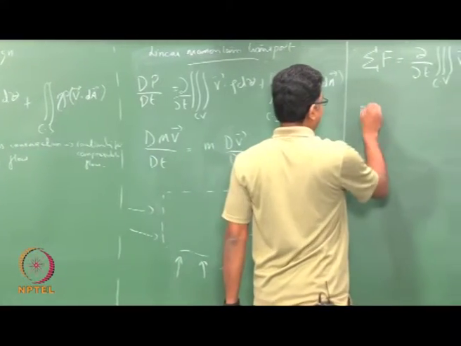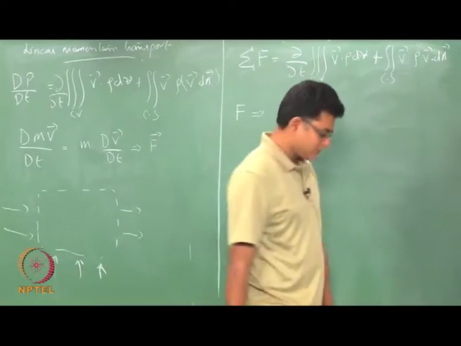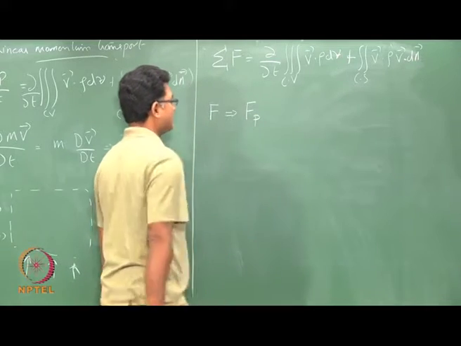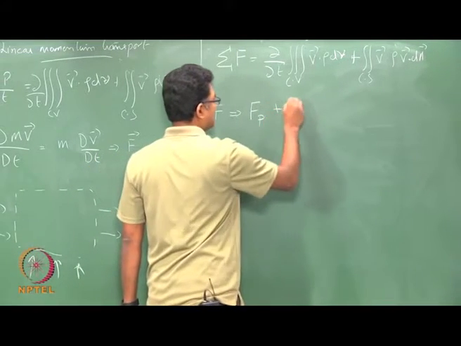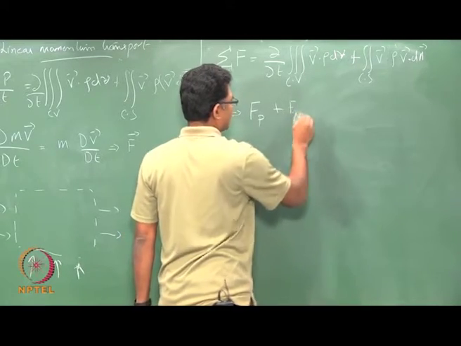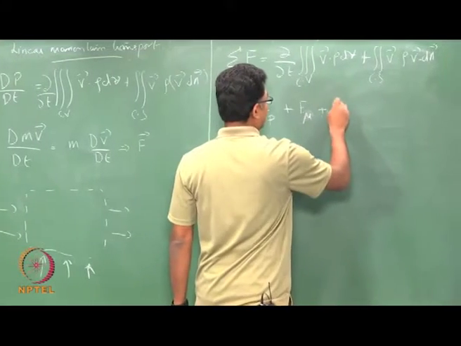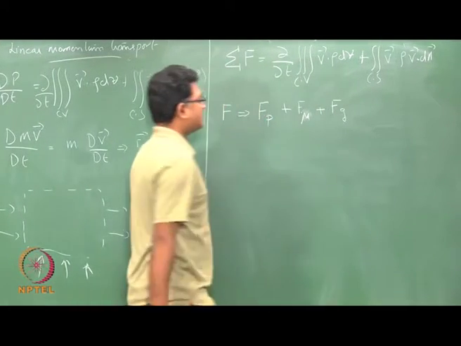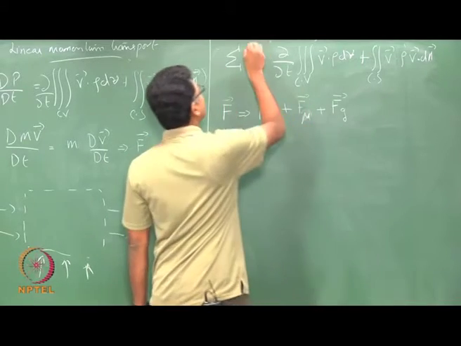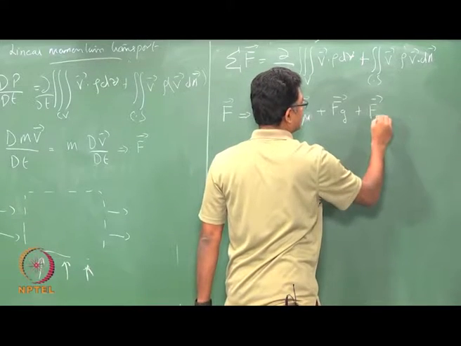So, your F, we did not assume any form for the force. So, this can be forces due to pressure, this can be forces due to viscosity. This can be forces due to gravity. This can be forces due to say magnetic field.